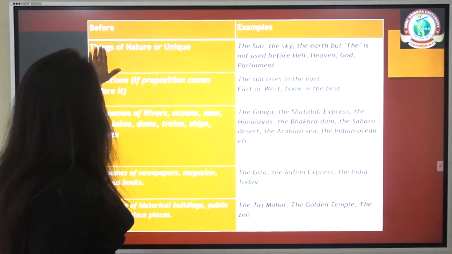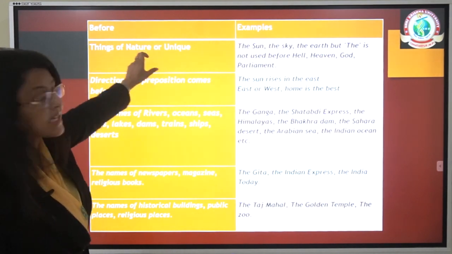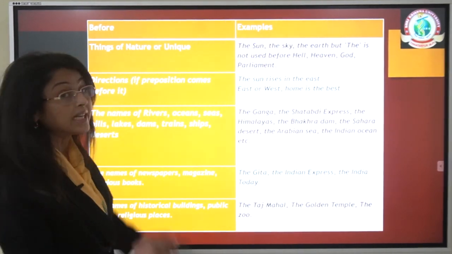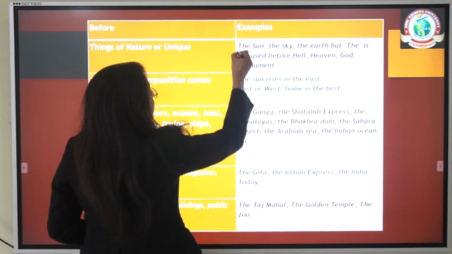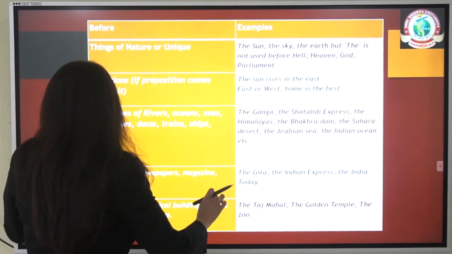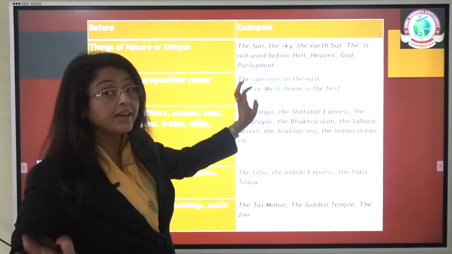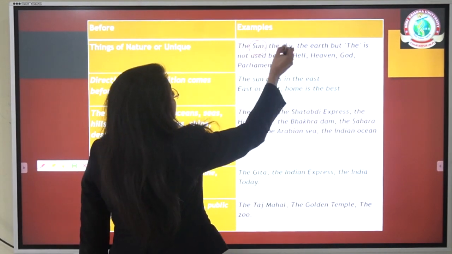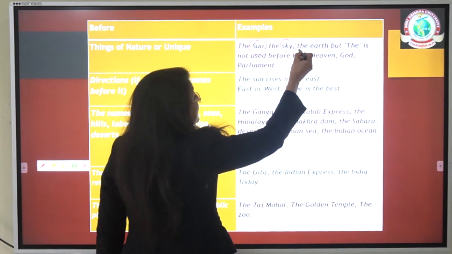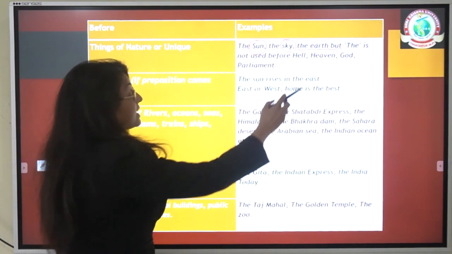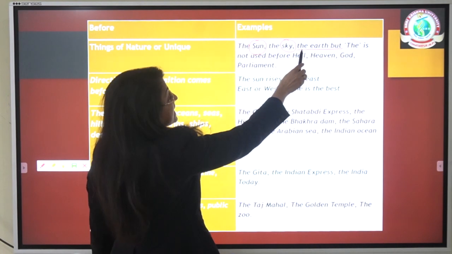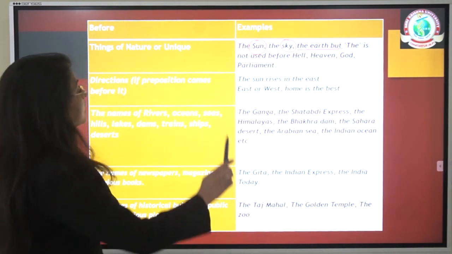Okay. So where can this article be used? See, I told you, like the sun. It is the sun. Sun is unique. You will not find any other sun in the universe. The sun, the sky, the earth. Now see here the difference. The vowel sound, hence it is 'thee', it is not 'the'. Right?